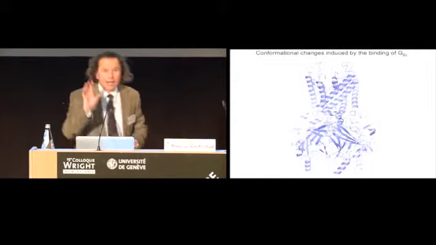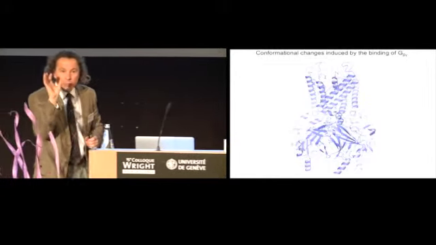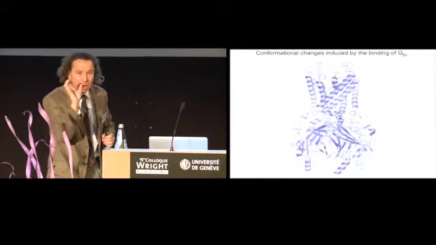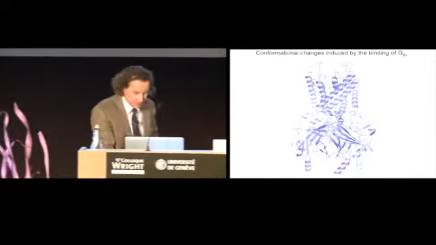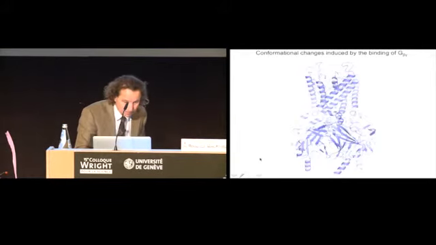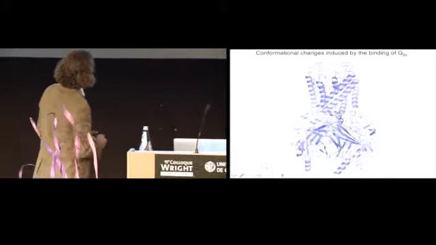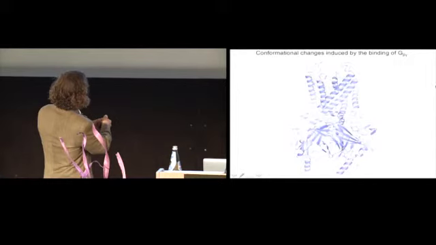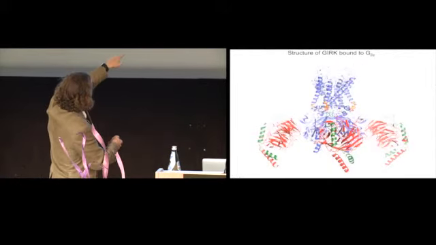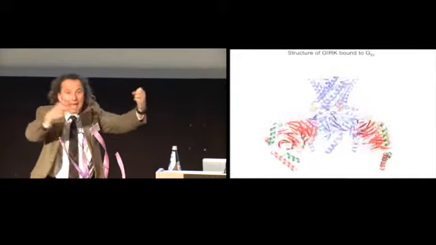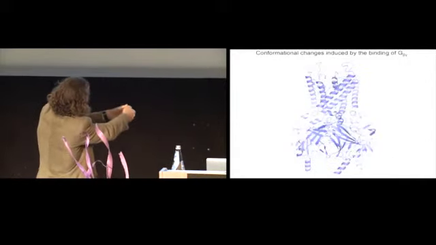And so here, I will now do the morph movie from the closed channel to the shape or the architecture of this mutant channel that is always open. And let's see what happens. Notice here there's a bigger movement in a real opening of these helices. And when you look down the center, you'll see that there is both a rotation and a cracking open, a sort of rocking, you can't see it very well, of the subunits here.